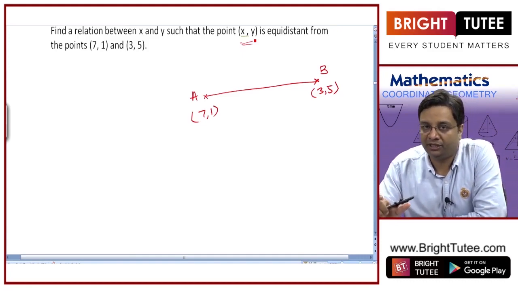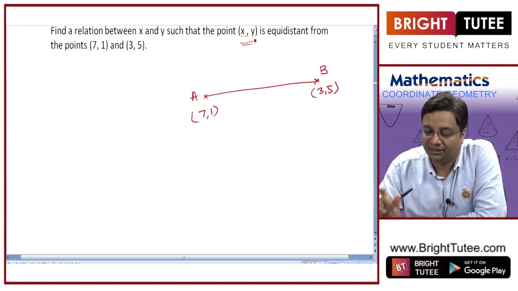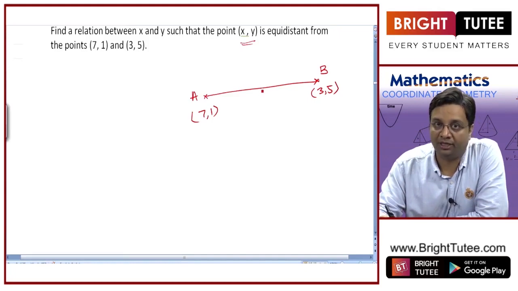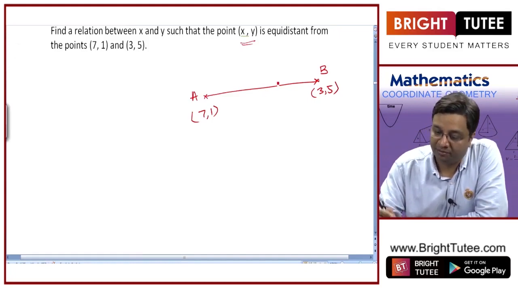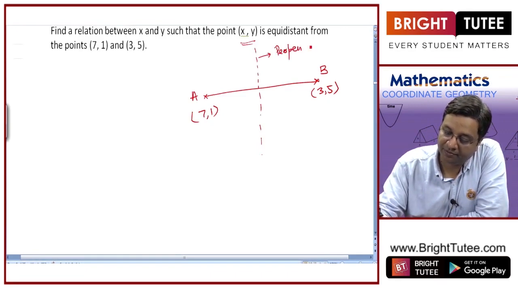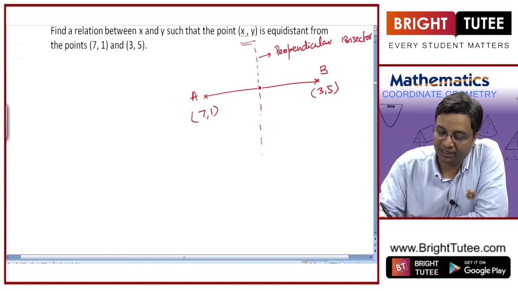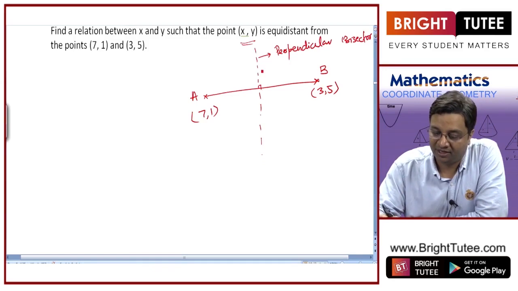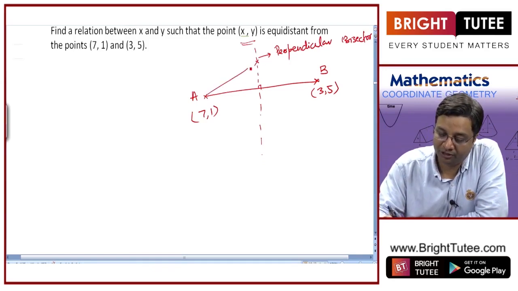The point equidistant from 2 points doesn't have to be the midpoint only, right? The midpoint will obviously be equidistant from these 2 points, but any point lying on this line. What is this line? This line is the perpendicular bisector. So any point lying on the perpendicular bisector is equidistant from these 2 points.